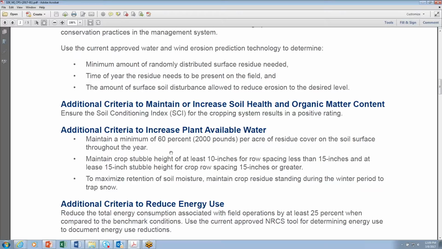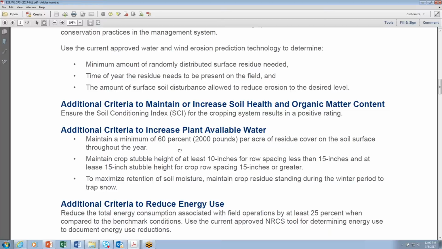In addition to that, we have put back in now, it's going to reference residue levels. So here we have 60% minimum residue cover on the soil surface, and that's throughout the entire year. In other words, a ton of residue needs to be maintained. There were several years where we didn't even reference our percent residue. I think it's good to see that that's back into the picture here.